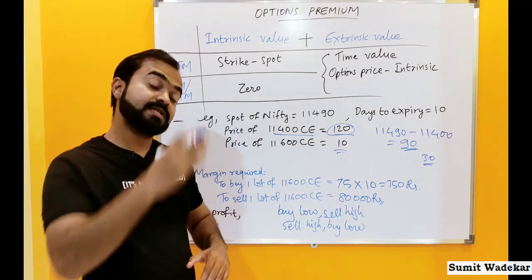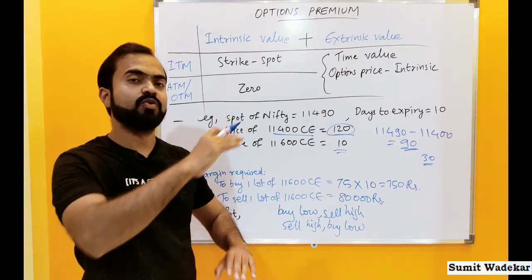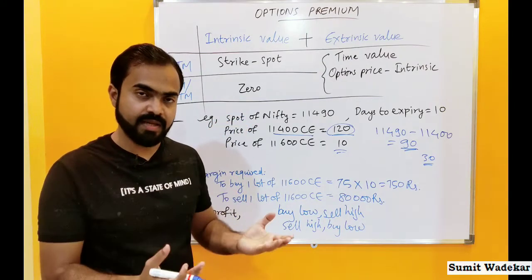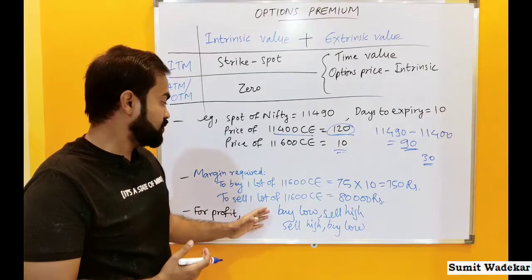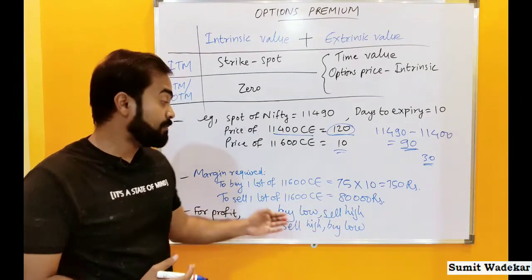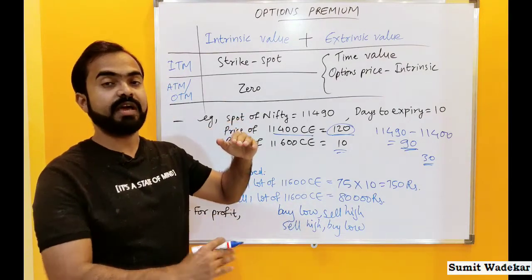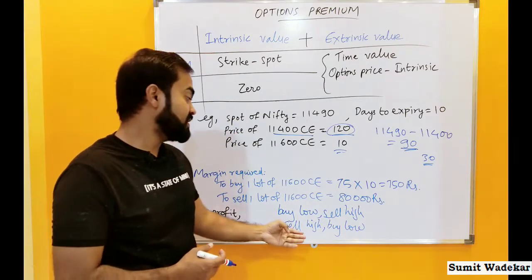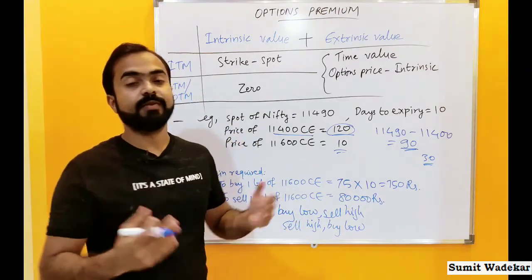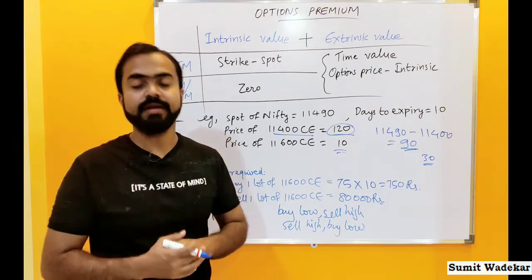Or we can first sell high and then buy low. Both are one and the same thing. So if we do the opposite, if I buy high and sell low, then I will make a loss. Or if I sell low and buy high, I will make a loss. So this you should keep in mind.